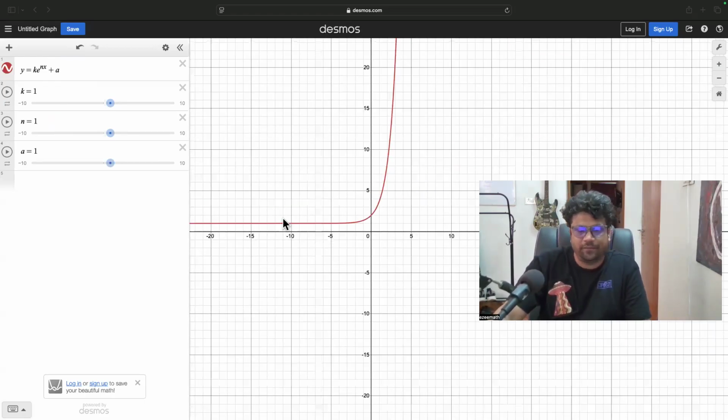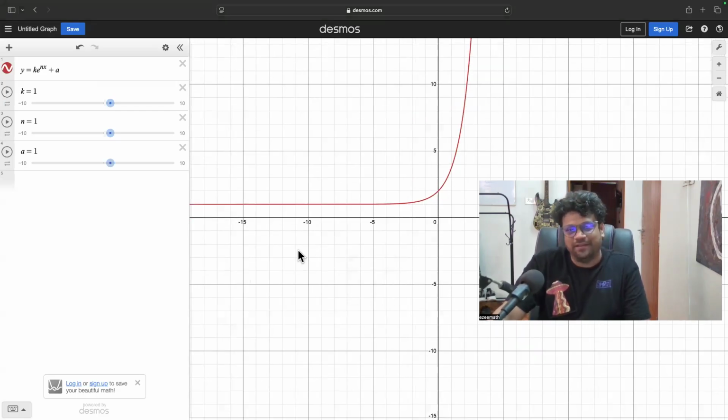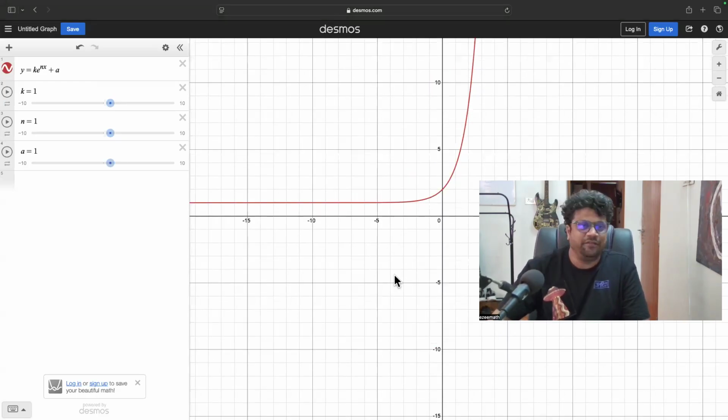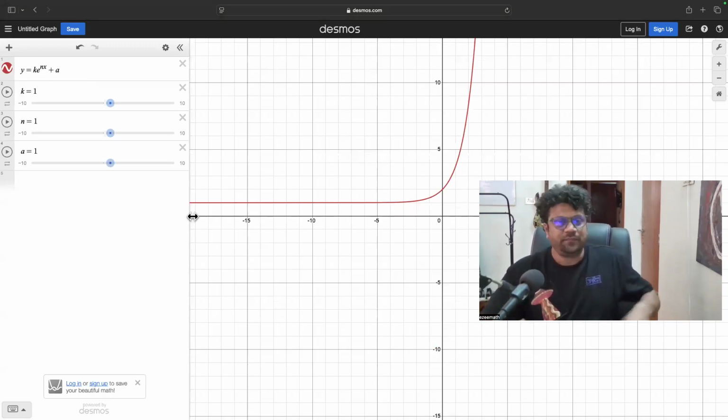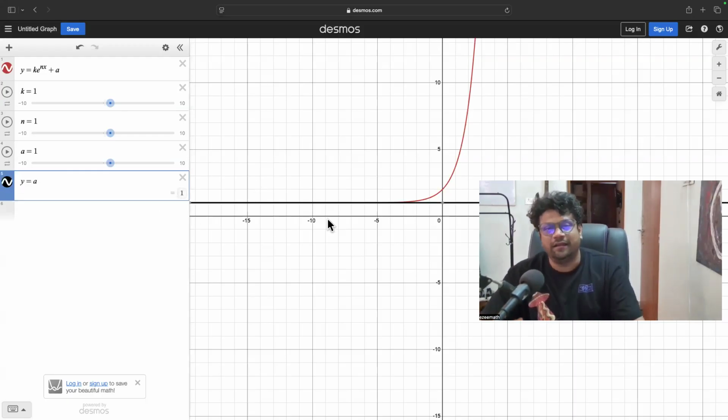See, the red thing. And I would like you to notice something about this particular curve. Don't you see there is one boundary kind of a thing that the curve has? It's going to be at y equal to a. Do you see that line?